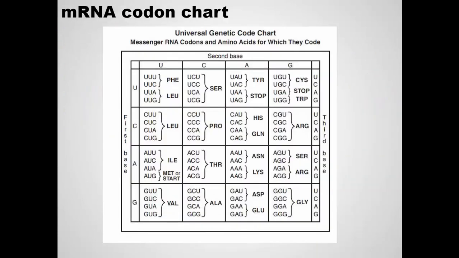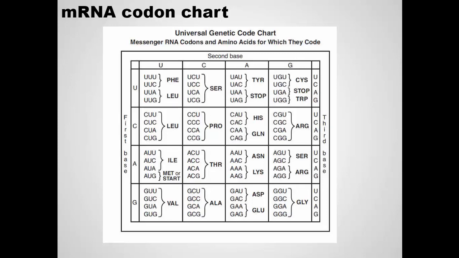You'll have to be able to use this chart eventually, it's on the Regents exam, to figure out which messenger RNA codons code for which of the 20 amino acids. So I'll just show you how to use this chart. Let's say the codon you're interested in is ACG.